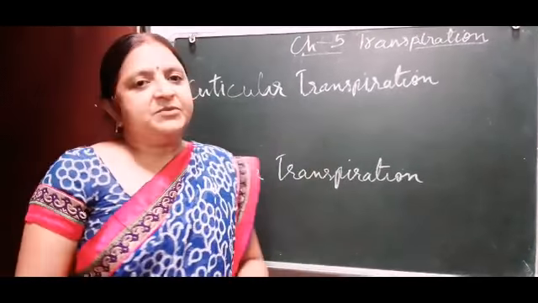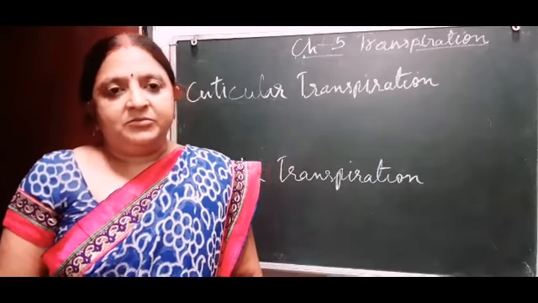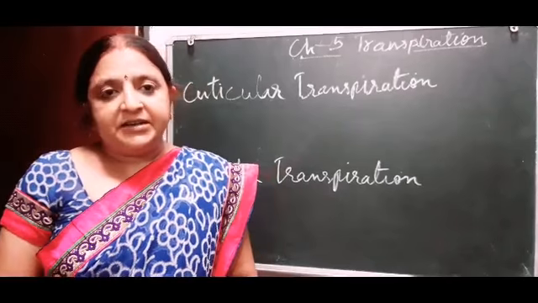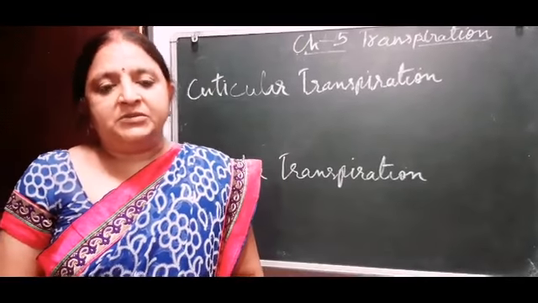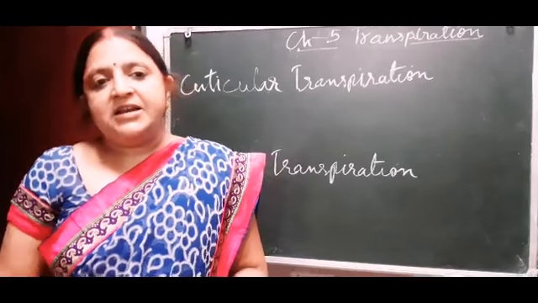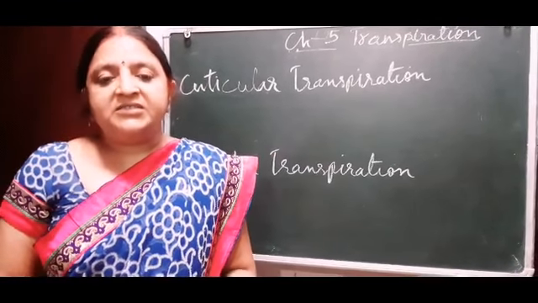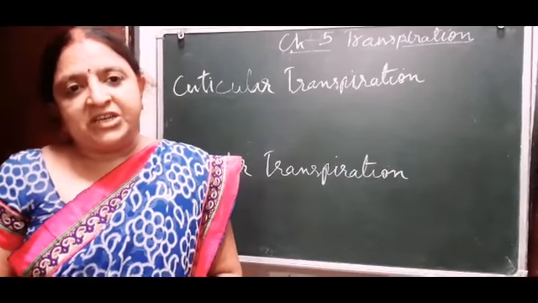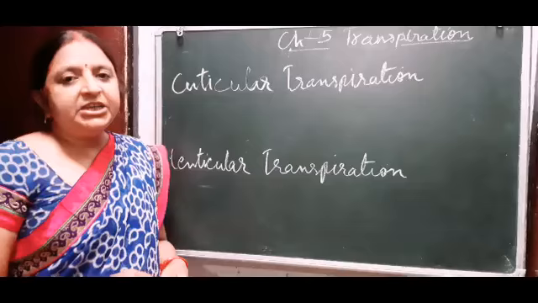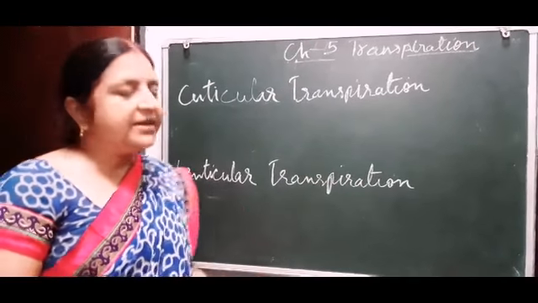And this type of leaves mostly occurs in desert areas, in the vegetation of the desert area. The leaves of desert plants are very thick, so that the plants survive for a very long time without water. Now the next is lenticular transpiration.